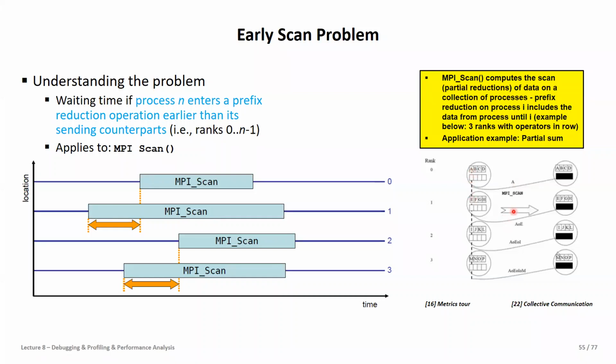Now, when you come to MPI scan and you say the index is 1, then you start with rank 0, have A, operator, and of course rank 1 involved, right? And reduce, or basically what you have here as a kind of operator.